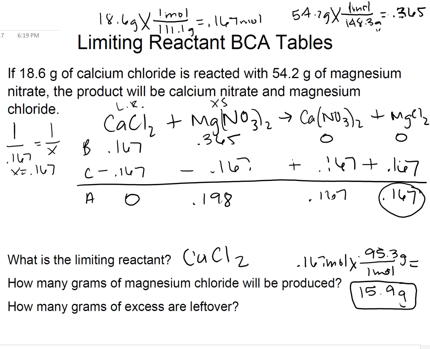And then the last question asks how many grams of excess are left over. So when we look at our reactant that is the excess, that's our MgNO3, the table tells us that we have 0.198 moles of it left over, but the answer was asked for in grams, so we take 0.198 moles, and using our mole roadmap, we're going to convert that into grams by multiplying it by the molar mass of MgNO3, which when added up off the periodic table is 148.3 grams.